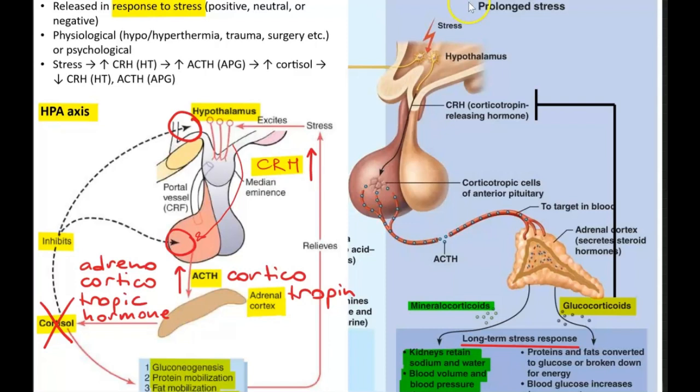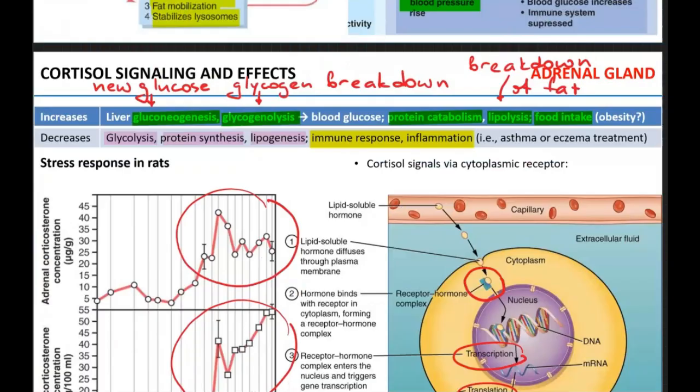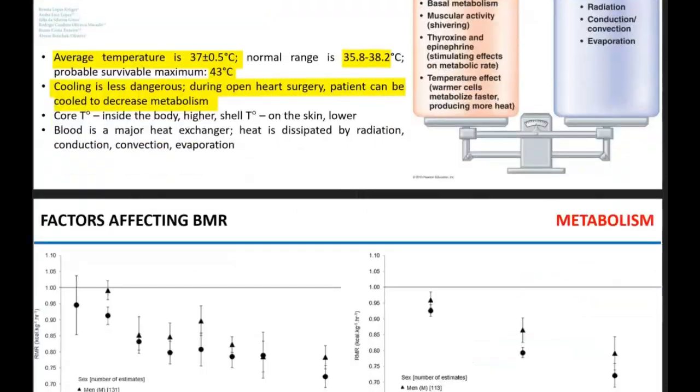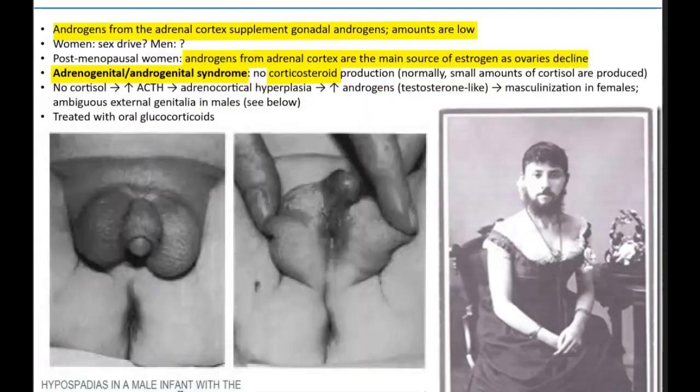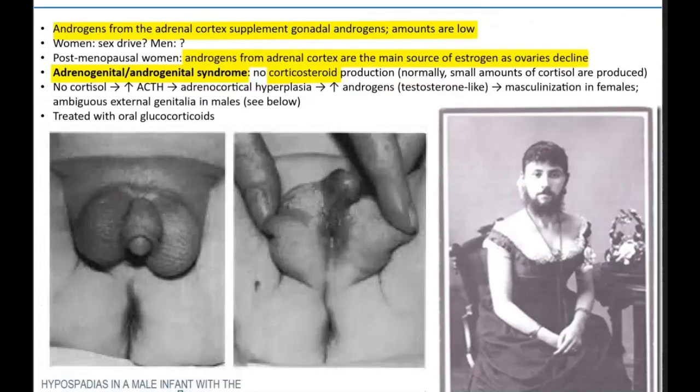So, as we mentioned before, adrenocorticotropic hormone stimulates all layers of the adrenal cortex, which means the levels of ACTH will result in the stimulation of adrenal cortex, its overgrowth, increased production of androgens, and masculinization in females, like in this image.